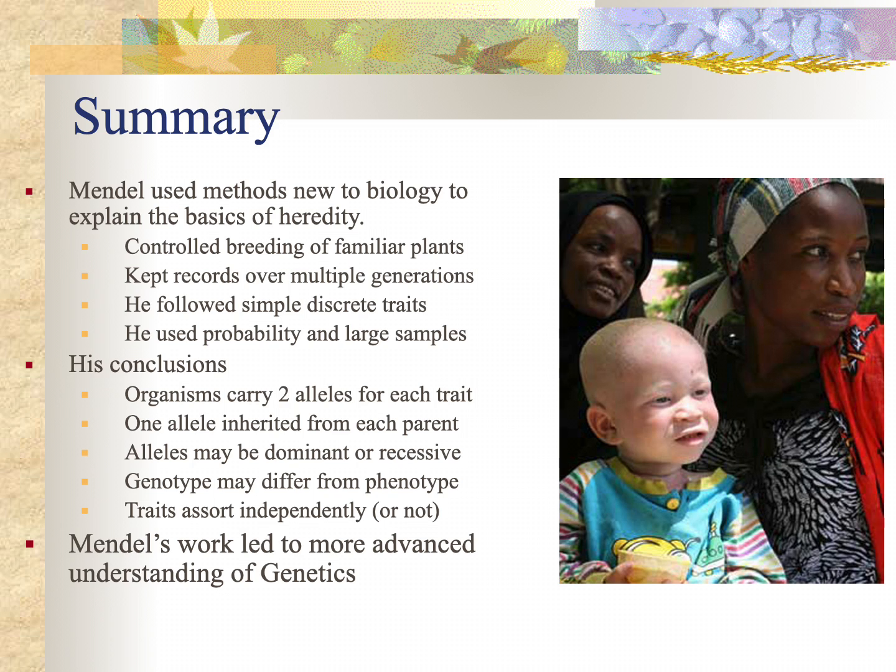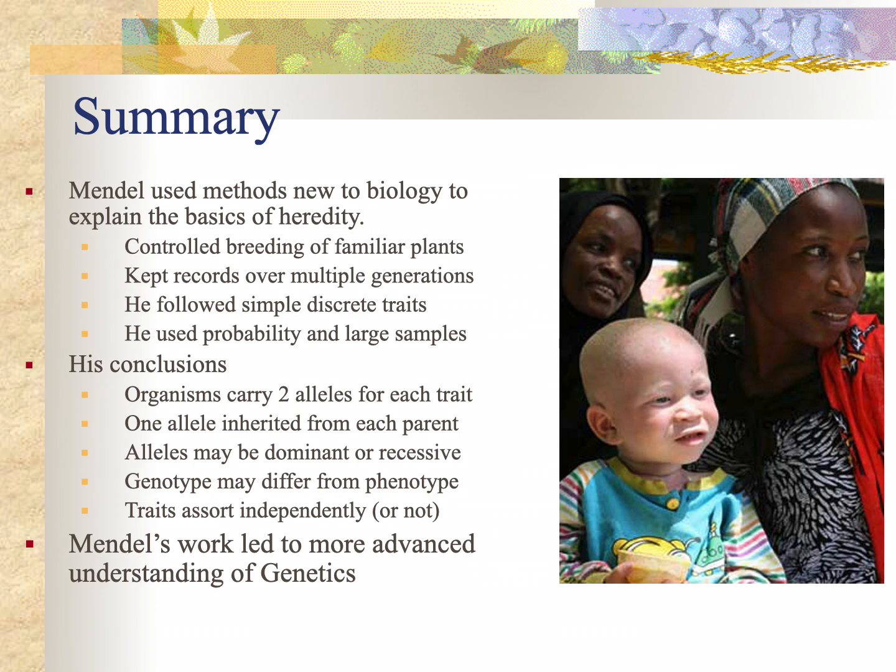Mendel outlined the basic methods of inheritance, and he did this by controlled breeding of very familiar plants. He kept records over multiple generations and followed simple, discrete traits where he could identify recessive and dominant. He used very large samples and used probability to explain his results.